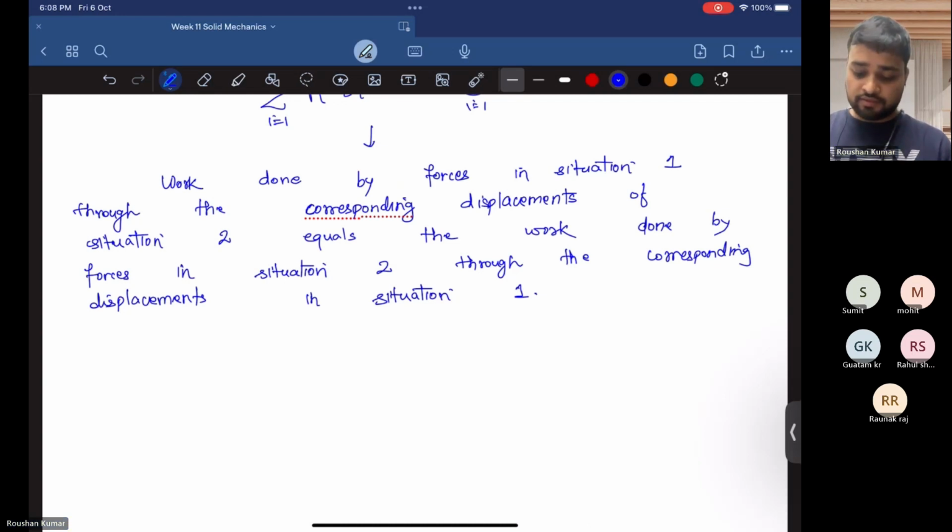Okay, so using the Castigliano theorem, we find the energy due to bending, energy due to twisting, energy due to shearing, energy due to extension. So using Castigliano's theorem, we can find the energy of a beam under several loading conditions.